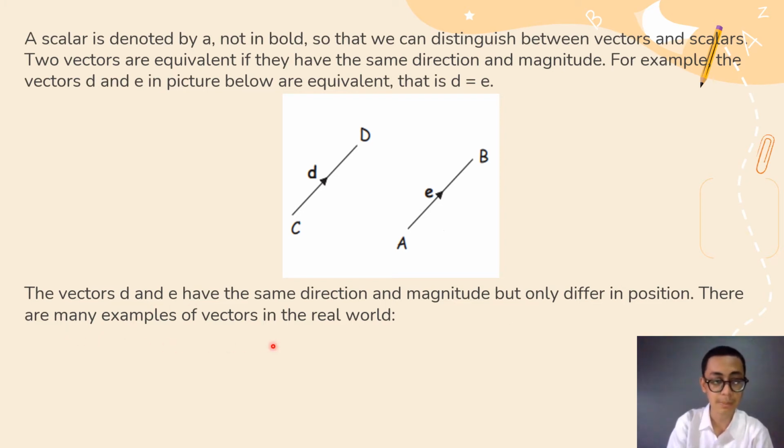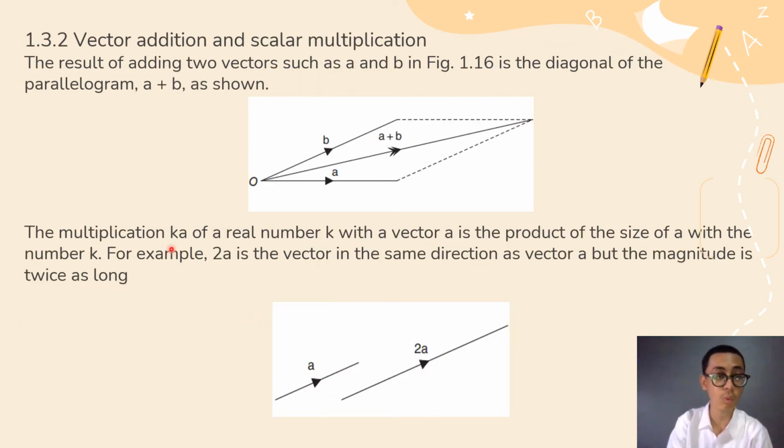There are many examples of vectors in the real world. Next, 1.3.2 Vector addition and scalar multiplication. The result of adding two vectors such as A and B in Fig 1.16 is the diagonal of the parallelogram, A plus B, as shown here.